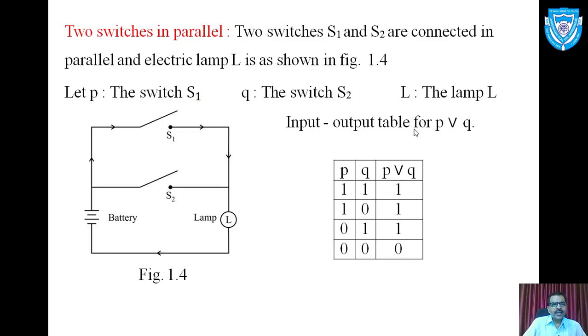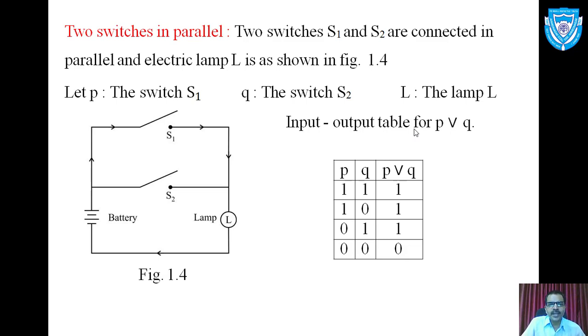In this parallel circuit, let us represent the simple statement P as the switch S1. Switch S1 means that S1 is in the closed state. No need to write precisely that the switch S1 is closed; you can write only switch S1, and one can understand it is in the closed state.